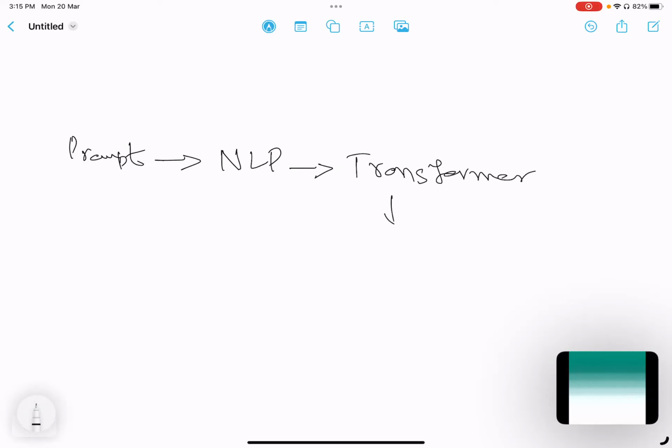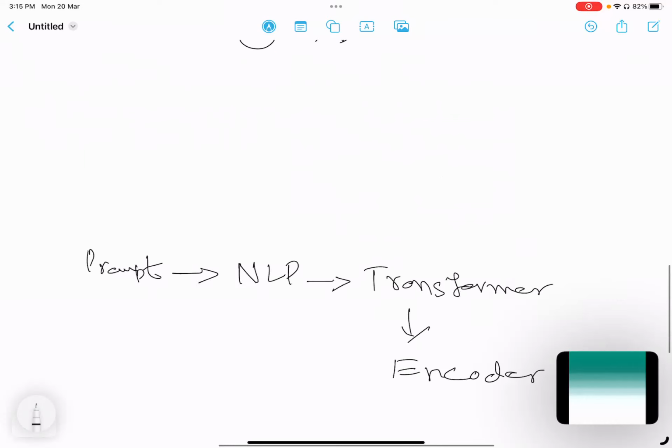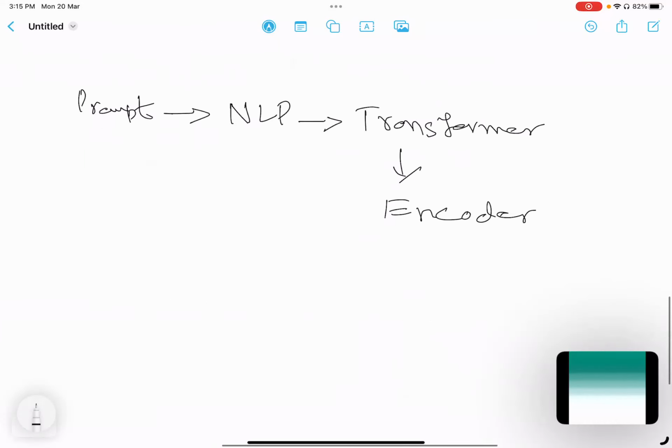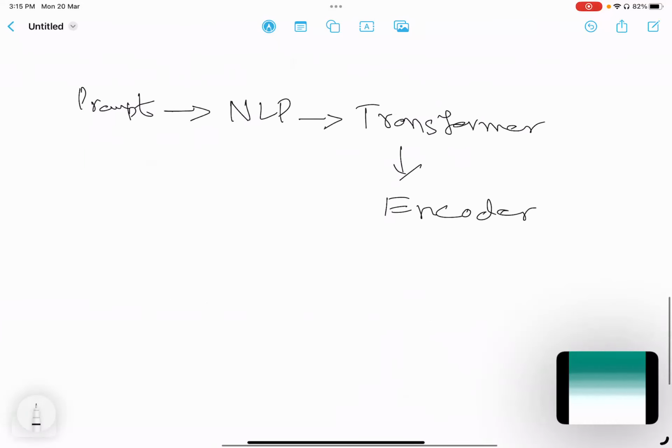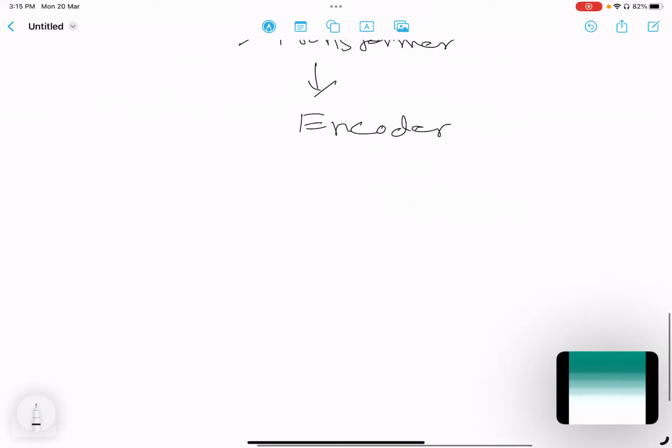And in the transformer there is an encoder. Unlike the neural network, where we have input, hidden and output layers, in the transformer the first layer is the embedding layer, or we can say the encoder, whose job is to perform word mapping.